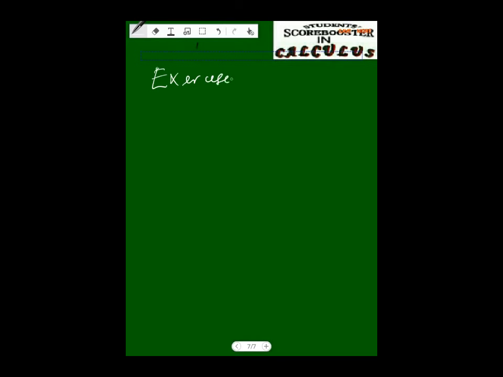Exercise number 1: evaluate the limit as x tends to minus 3 of x squared minus 9 over x plus 3. So the answer will be minus 6.